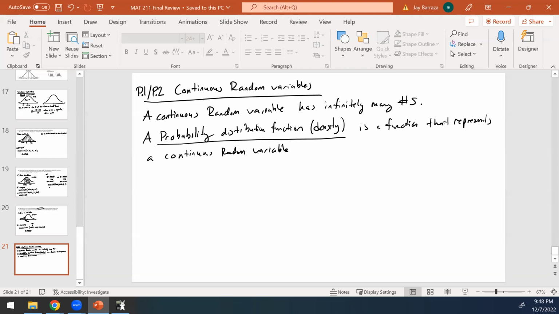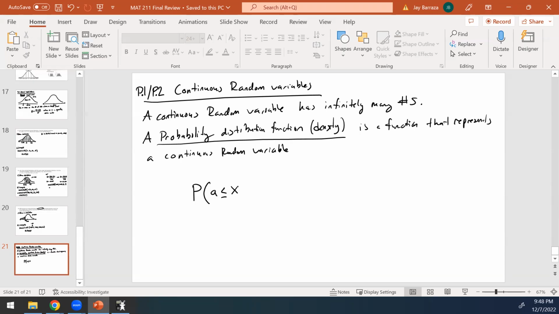Kind of vague, I know. So we focused on 3 of them. I'm going to remind you of the 3, but before I move on, the general definition that we're going to focus on, the main focus, is the probability between 2 numbers.